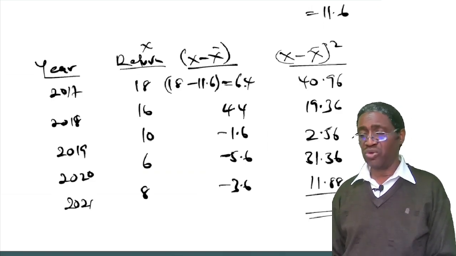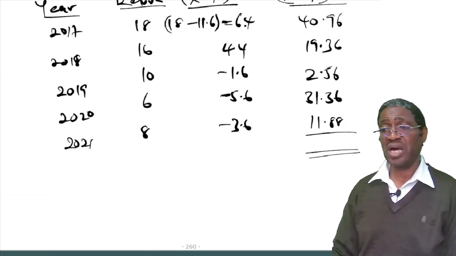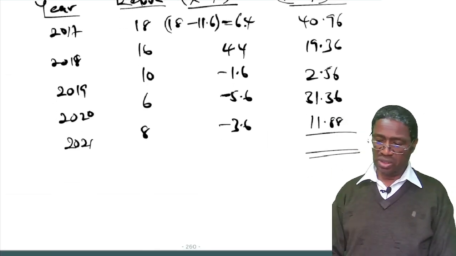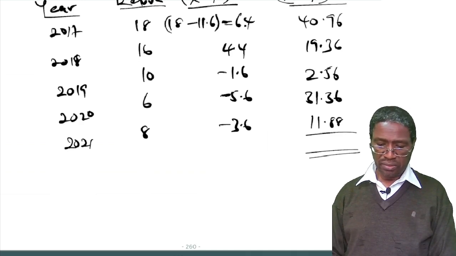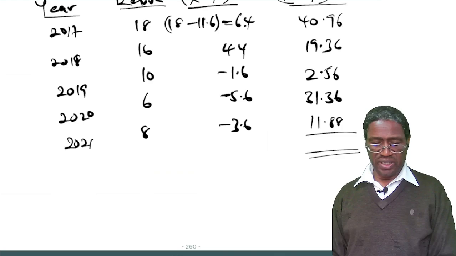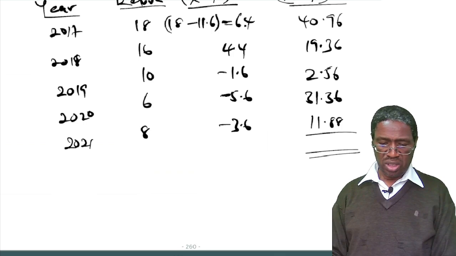Then I get the sum of the squared deviations: 40.96 plus 19.36 plus 2.56 plus 31.36 plus 11.88. Something could be wrong.